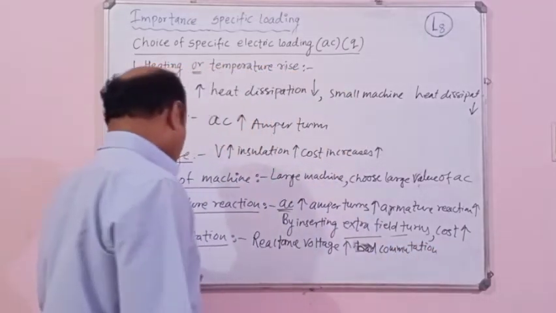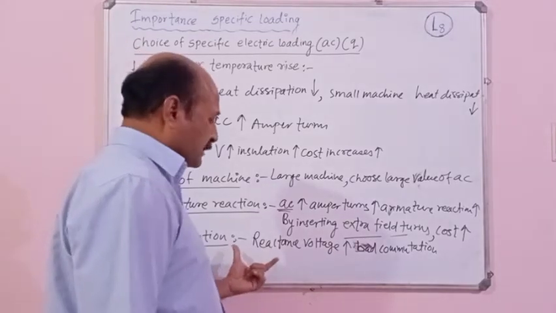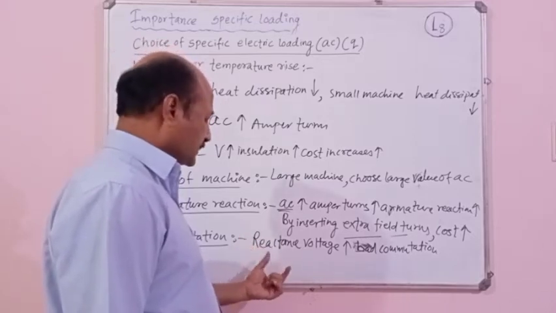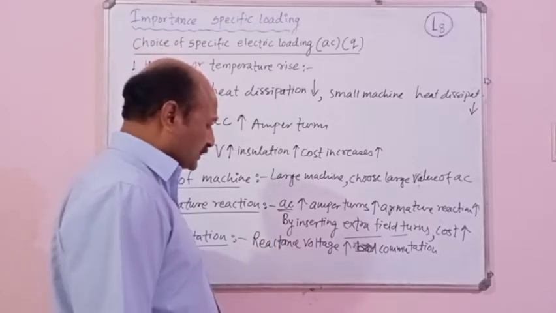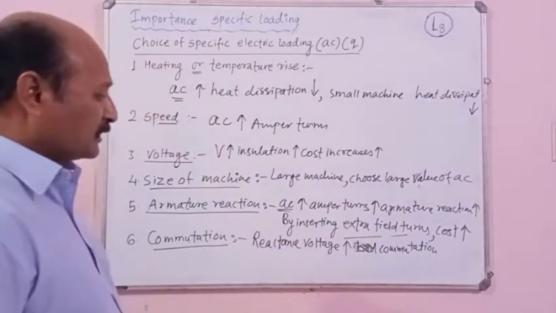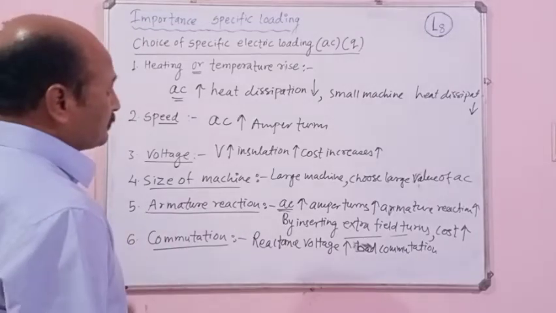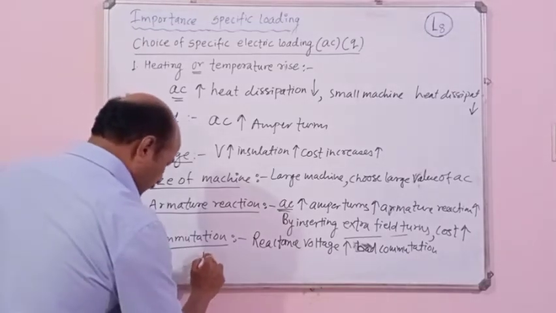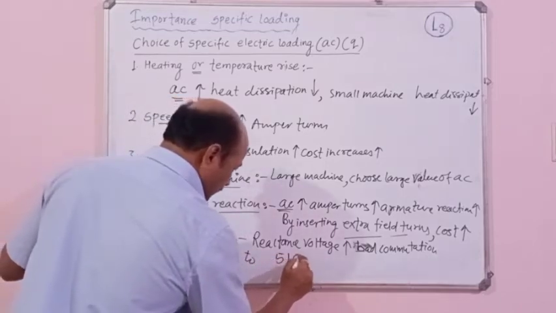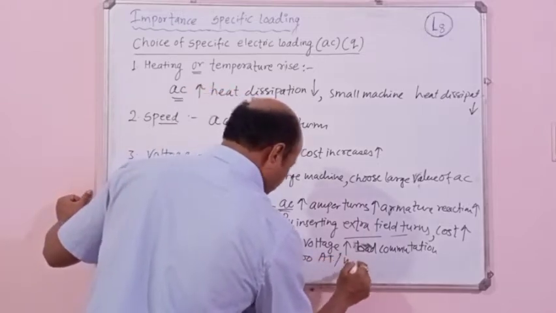So to improve the commutation, you have to select such ampere turns or such value of AC so that the reactance voltage will be less and there will be a good commutation or normal commutation. So the value of electric loading is ranging from 15,000 to 51,000 ampere turn per meter.